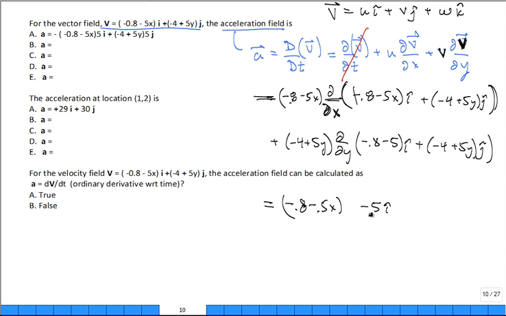With an i. How about something j? No. Nothing j. Then we'd have down here negative 4 plus 5y times the derivative of this with respect to y. What is it? Zero i plus 5j.